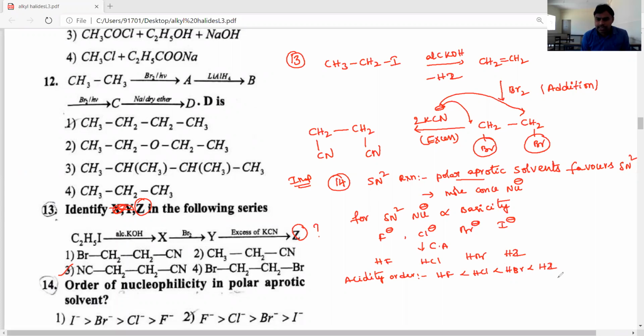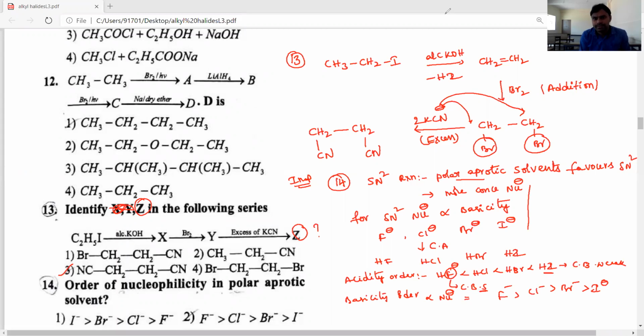Among these, HI is the most acidic. More acidic means its conjugate base is weak. This F minus is the strongest conjugate base. Now the basicity order is directly proportional to nucleophilicity order. That is F minus, Cl minus, Br minus, and then I minus.